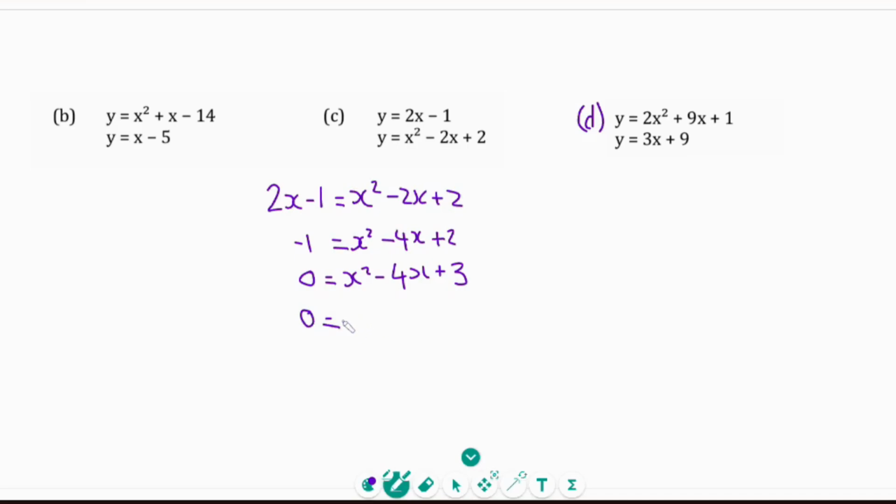Times to get 3, add to get negative 4. x is 1 or x is 3.